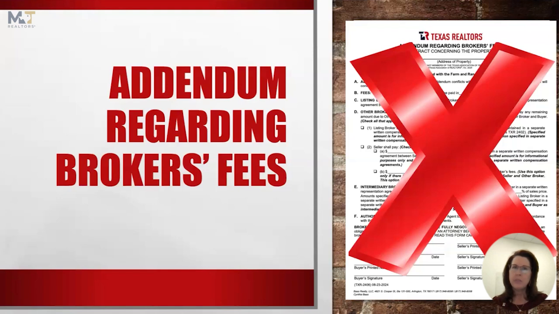Paragraph 12 looks completely different, and not everybody's going to understand it. So let's make sure we're working together, getting the consumers where they want to be. Most of the consumers are going to be our clients, so we need to make sure that we understand the new forms and that they are able to make the informed decisions that need to be made so that they can get to the closing table.